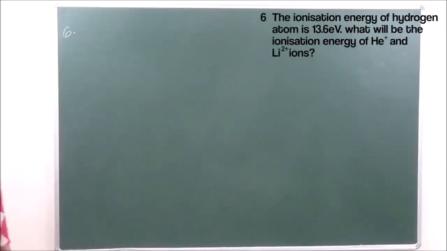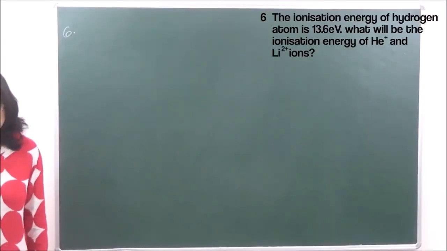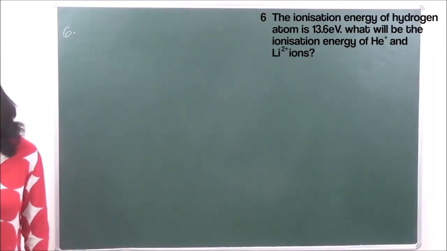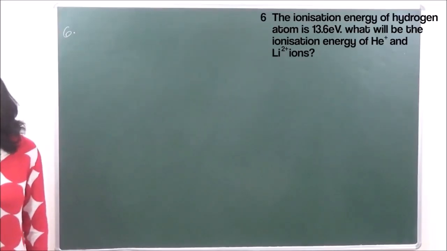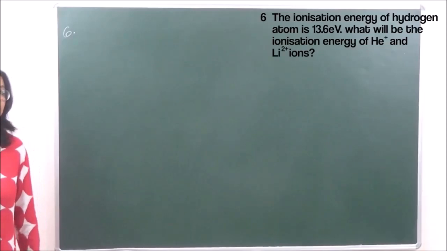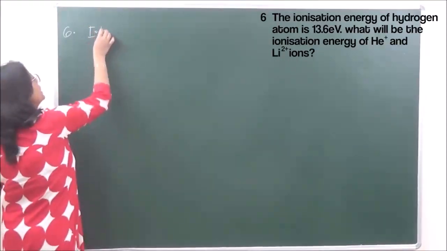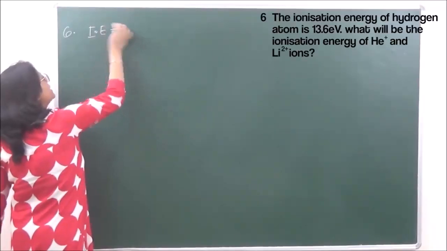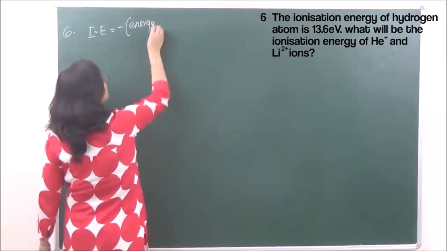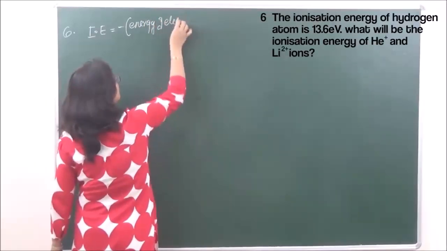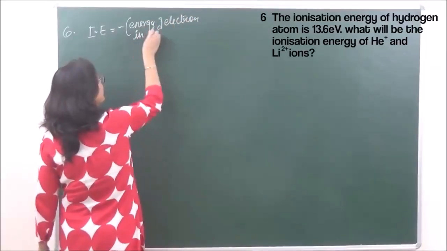Question number 6: the ionization energy of hydrogen atom is 13.6 electron volt. What will be the ionization energies of He2 positive and Li2 positive ions? Now when we are talking of ionization energy, that is minus the energy of the electron in any orbit.